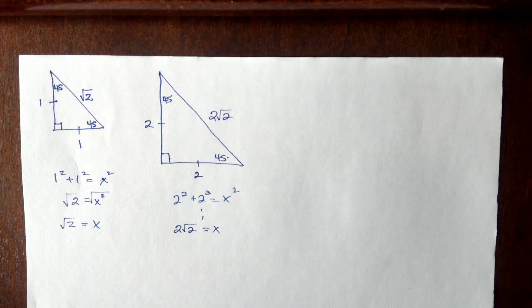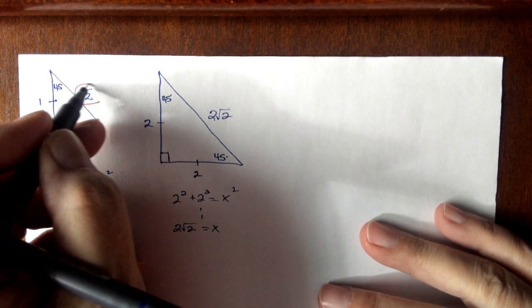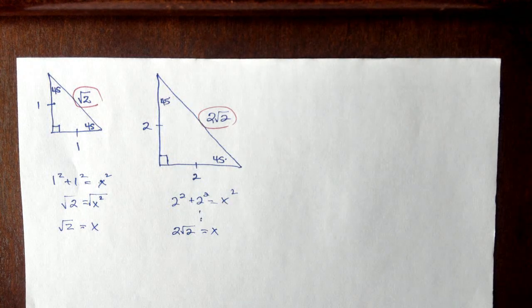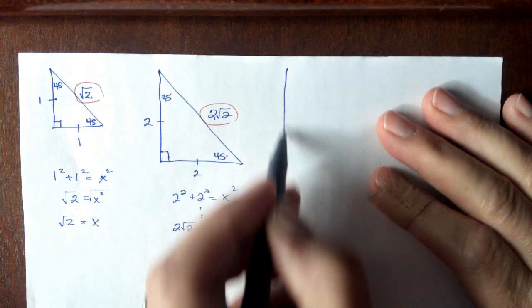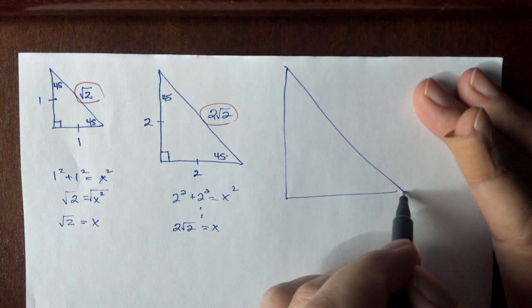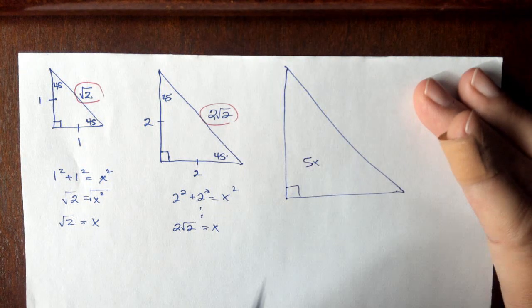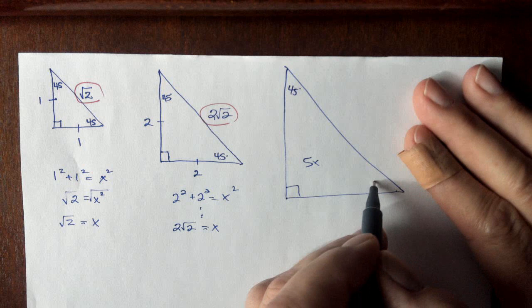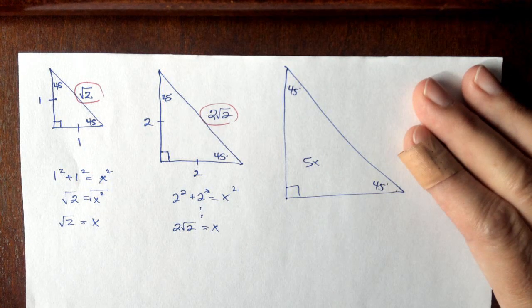And if you'll notice, all that happens is you take your hypotenuse and you double it. So you stick your scale factor in front of square root of 2. You can do this with any scale factor. So I'm going to not draw this to scale because I don't have room. But if I had a triangle that were, say, 5 times bigger, it would still be a 45-45-90 triangle.